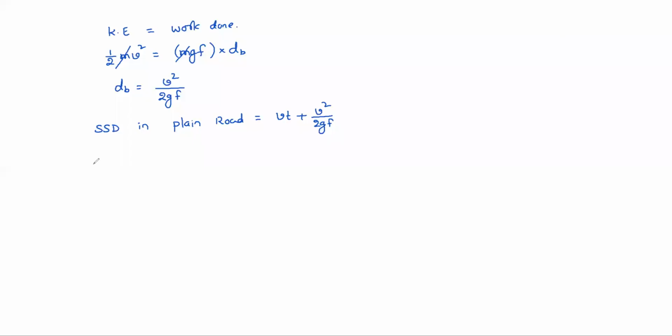See, sometimes braking efficiency may not be 100%. Suppose braking efficiency is eta, then SSD equals Vt plus V square by 2g, and f we need to multiply with eta.